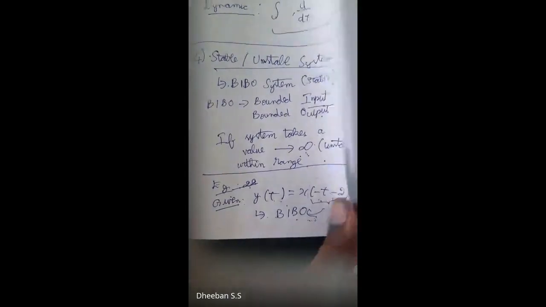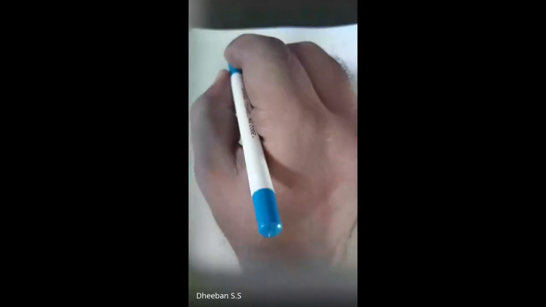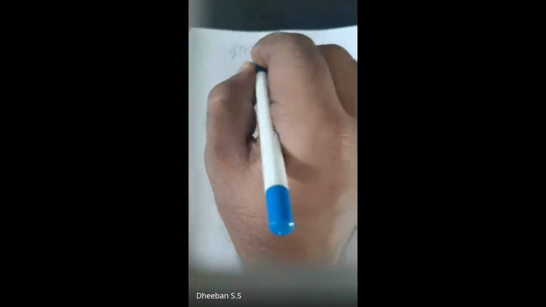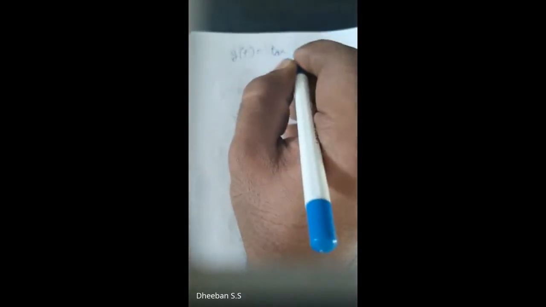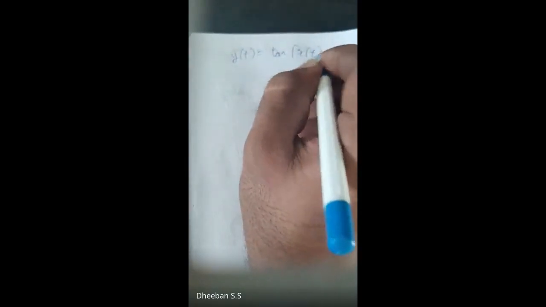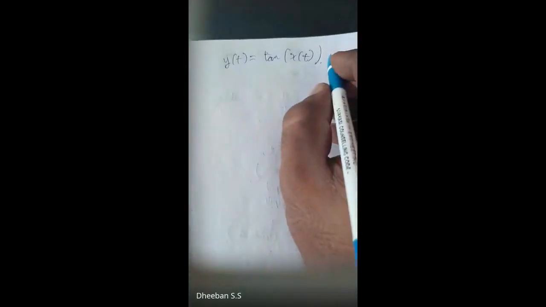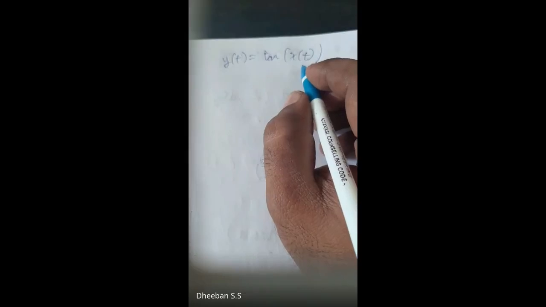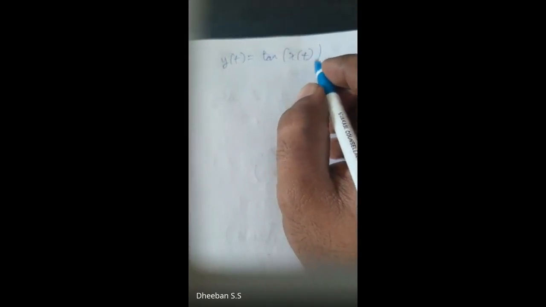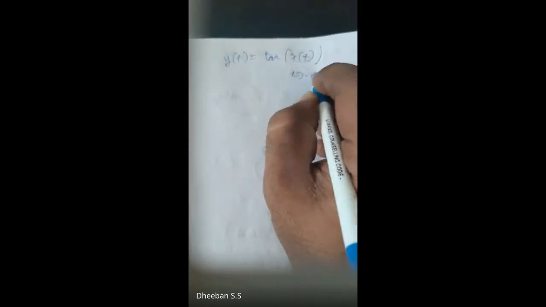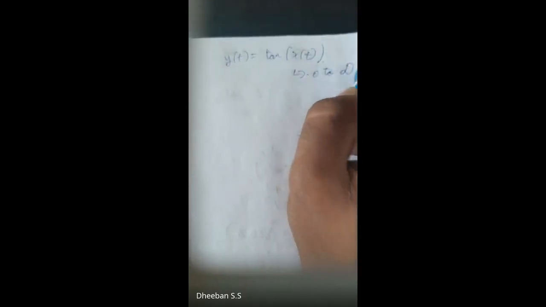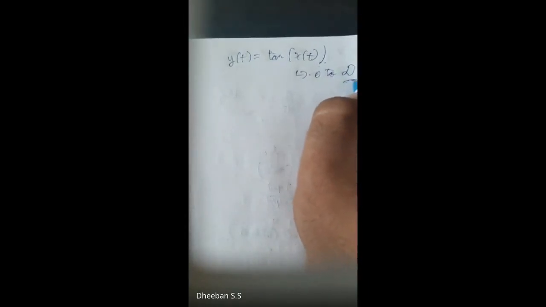Take a trigonometric function like y of t equals tan x of t. This takes a value from 0 to infinity, so infinity is possible here.